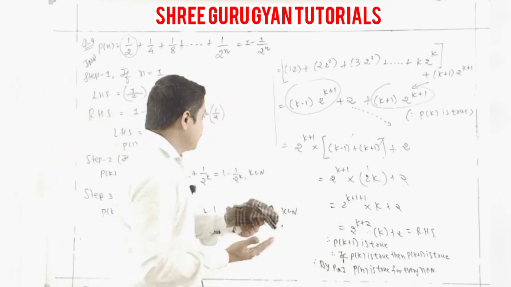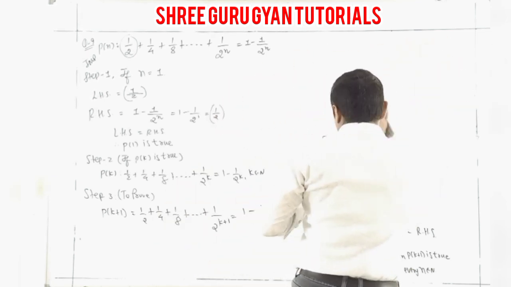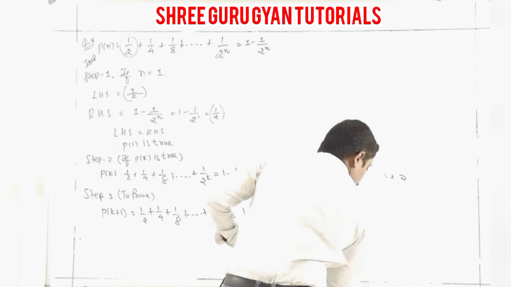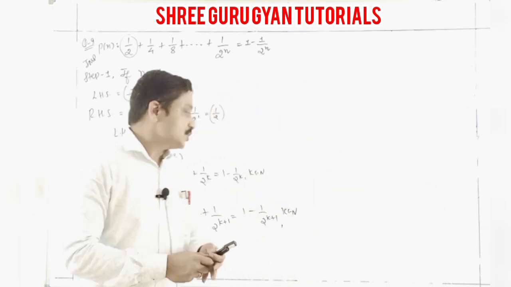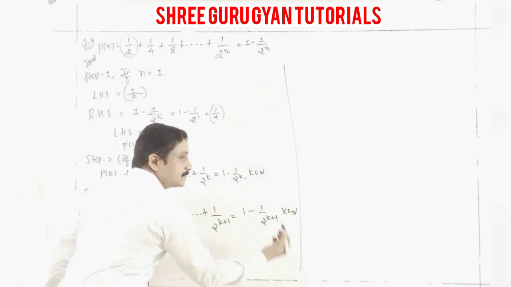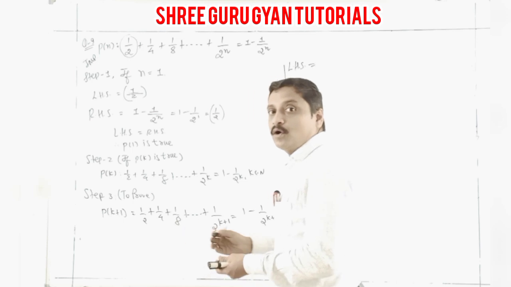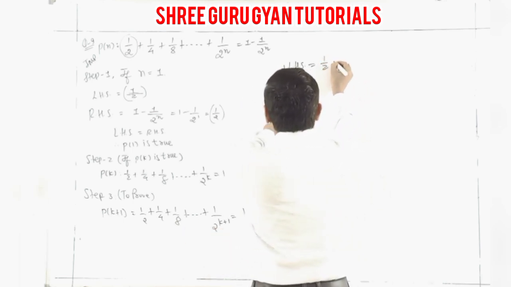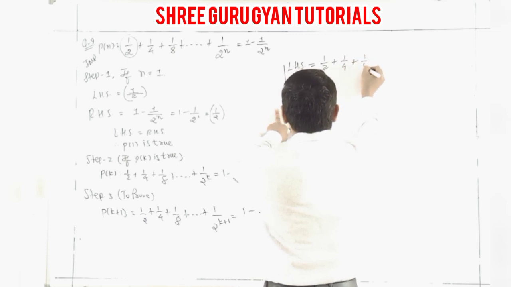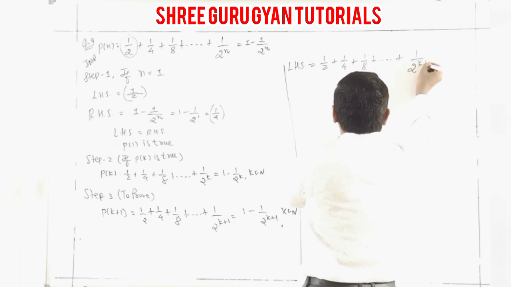And same calculations. Now I start from our left hand side. Students, this is an easy sum, but I am doing it. So, what is your LHS? Our LHS is this one. Only I am putting down half, 1 by 4, 1 by 8, and 1 by 2 raised to k plus 1.